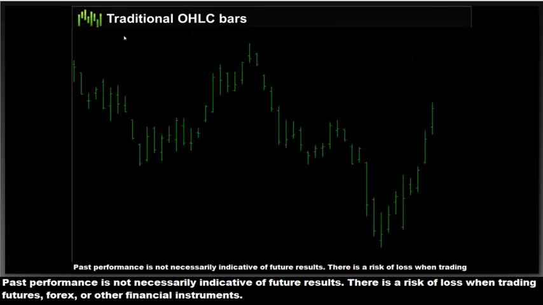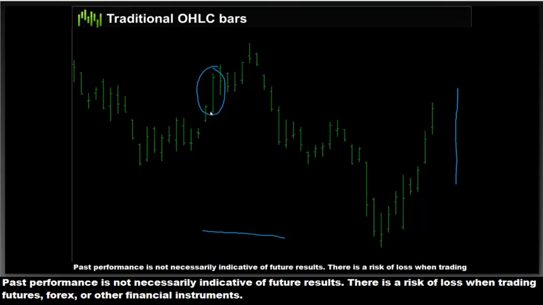Now, what you see here is our traditional open, high, low, close bar chart. These charts have been used for hundreds of years, and basically they're a good representation of price over time. Each bar represents price movement within a specific period of time, or for a specific number of transactions, or ticks.